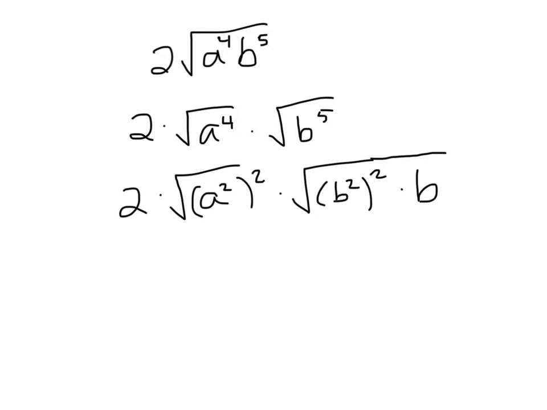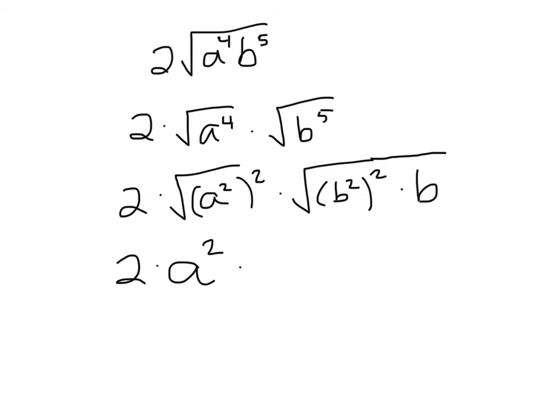So I'm simply writing an equivalent form of b to the fifth as the square root of b squared squared times b. Whenever I take the square root of something squared, I'm left simply with that value. So I have 2 times a squared. The square root of a squared squared is just a squared.